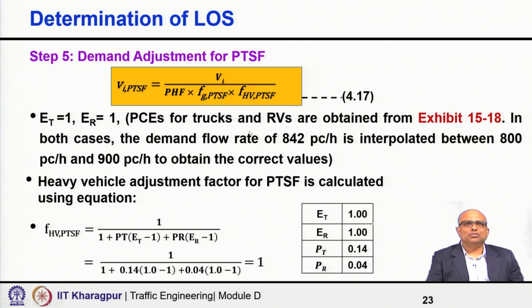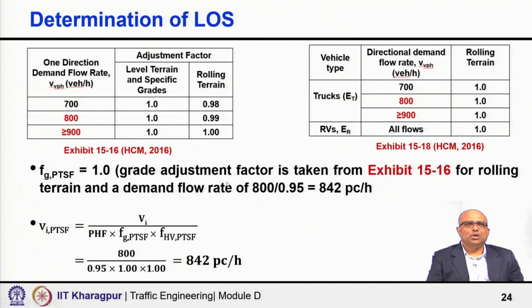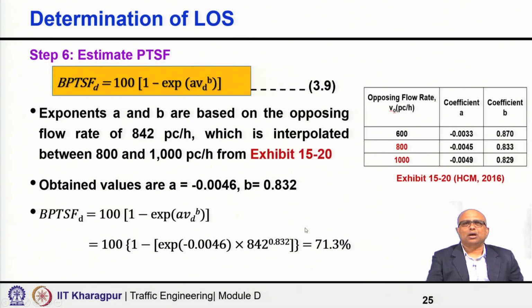And then for the FG value, we can refer to exhibit 15-16, and for 842 the value for rolling terrain is 0.99 and 1.00. So, nearest 0.1, we take the value as about 1. In this case you are getting the equivalent volume as 842 passenger cars per hour.